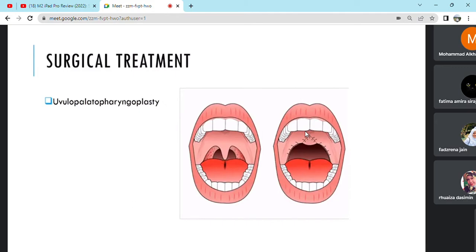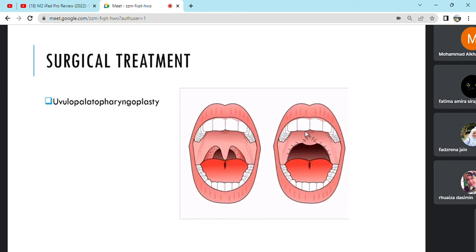As you can see here, if the problem is actually in your uvula, if your uvula is too big, and once you sleep, the tongue will be moving backwards and your uvula is still big, then definitely it adds to the obstruction. So a very good way for you is to remove your uvula and reduce the size of your pharyngeal tonsils. Okay, so this is removed.